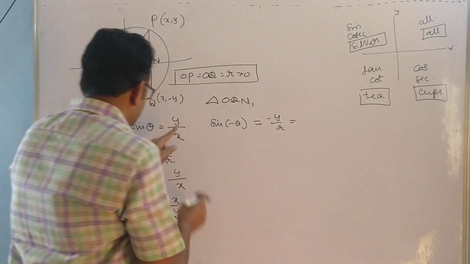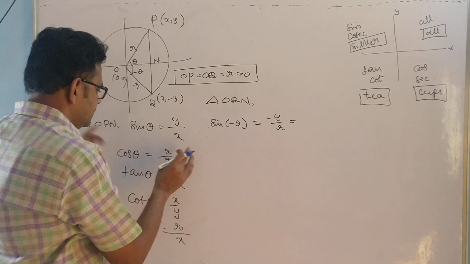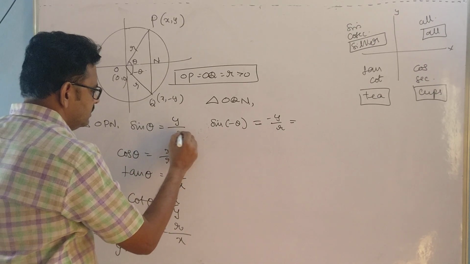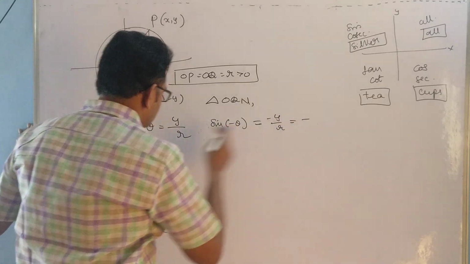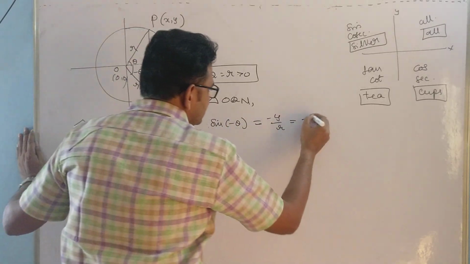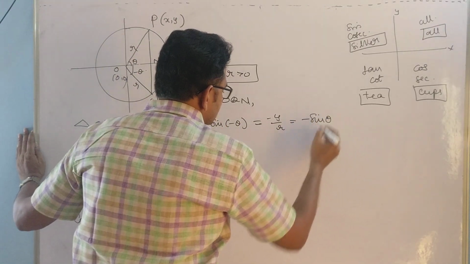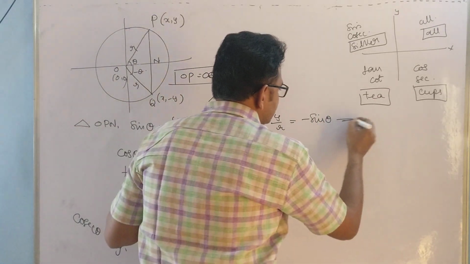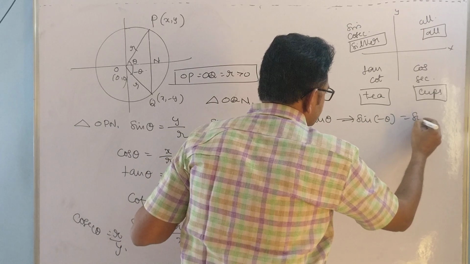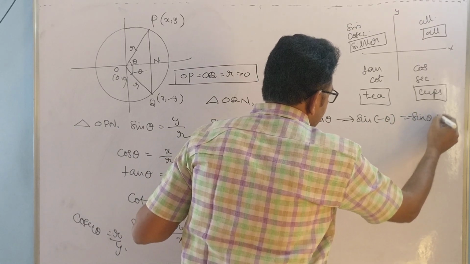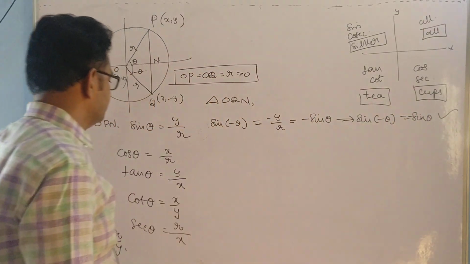That is minus y by r, which is minus sine theta. So this implies sine of minus theta is equal to minus sine theta. So this is one result.